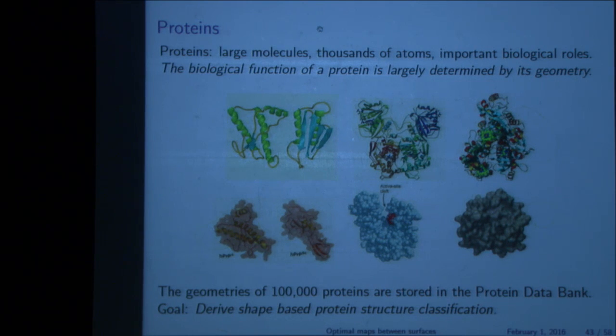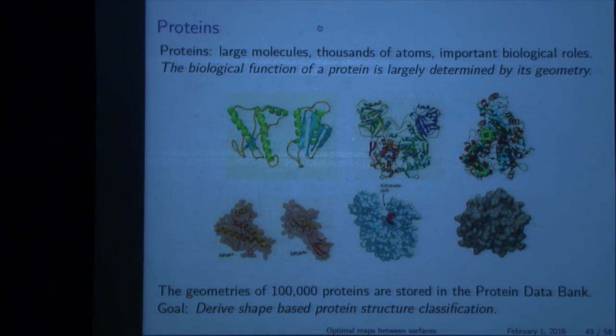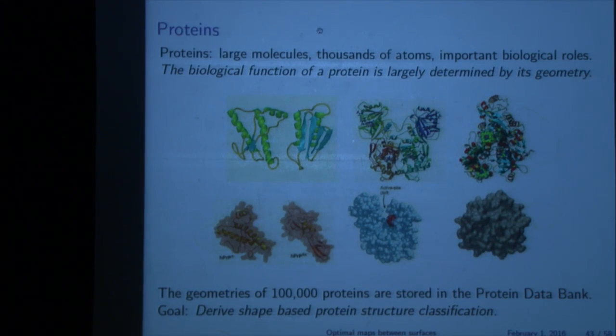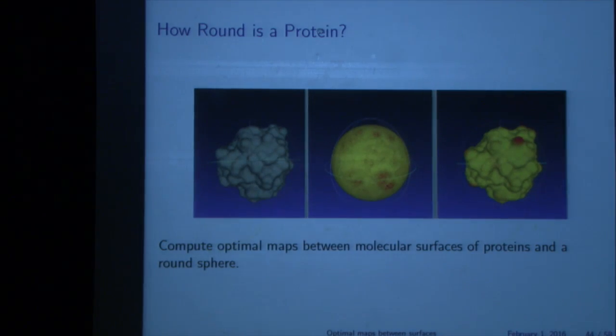At this point, over 100,000 proteins have had their shape determined in this way, in something that's called the protein database. So there's really a lot of basic geometric problems involved here that need studying.